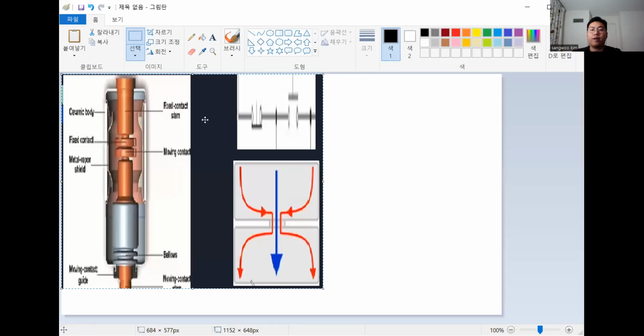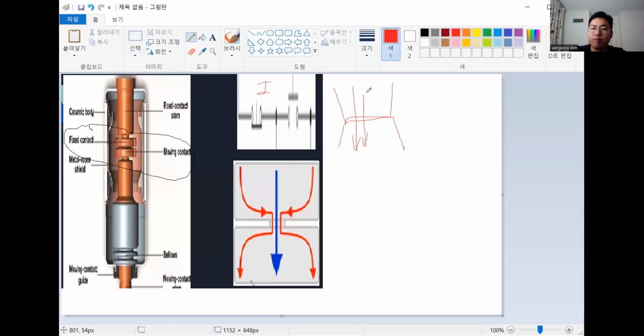Okay. Here, look at that. So I said that the contact is here, right? For example, the current in the circuit, do you guys think of current as flowing like this?